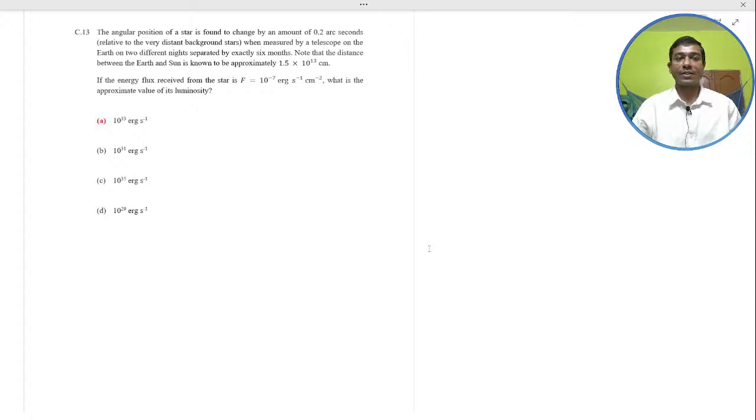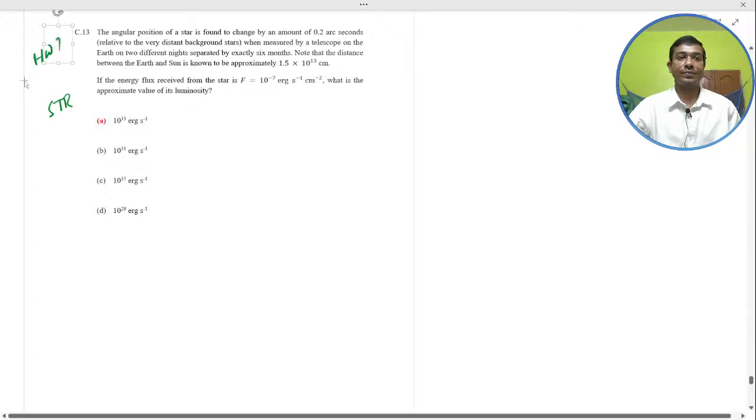If the energy flux received from the star is 10^−7 erg per second per cm squared, what is the approximate value of the luminosity in erg per second? This is for classical mechanics, special theory of relativity. Homework number 8 for yours.